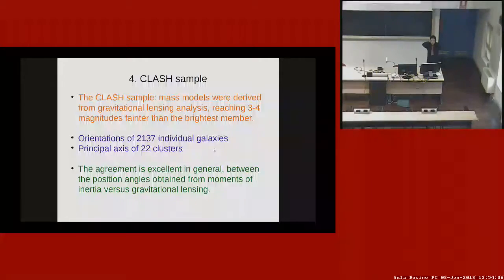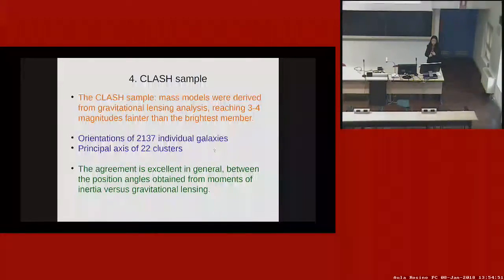In order to have a further check, they also analyzed the galaxies and clusters in the CLASH sample, which is a published sample with mass models derived from gravitational lensing, reaching 3 to 4 magnitudes greater than the brightest member.